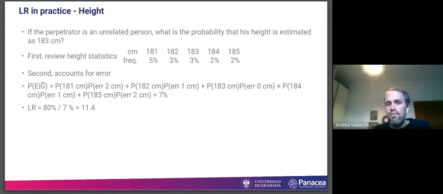And on the other, we would have overestimated the significance of the evidence, because instead of considering that only 3% of the population match the evidence, we are saying that this value is 7%, so almost twice as much.